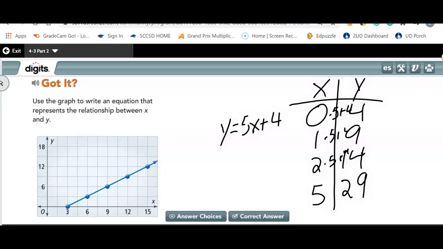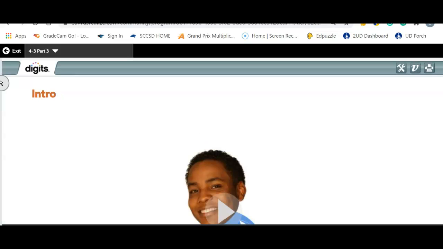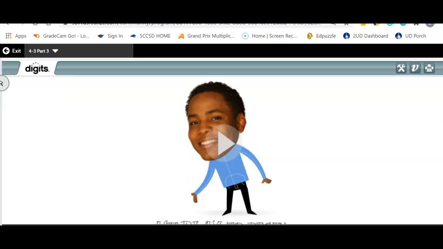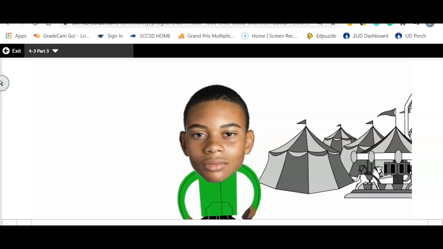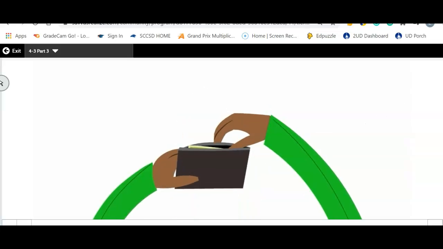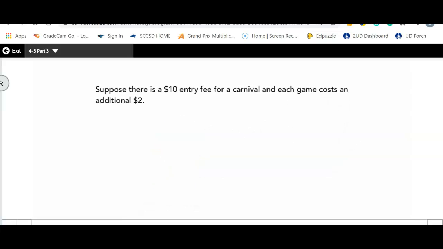Right? Okay. Last thing we're going to go over here is part 3. This is not in your guided notes. We may get to the problem in your guided notes, but I want you to follow along up here. Suppose there is a $10 entry fee for a carnival, and each game costs an additional $2.